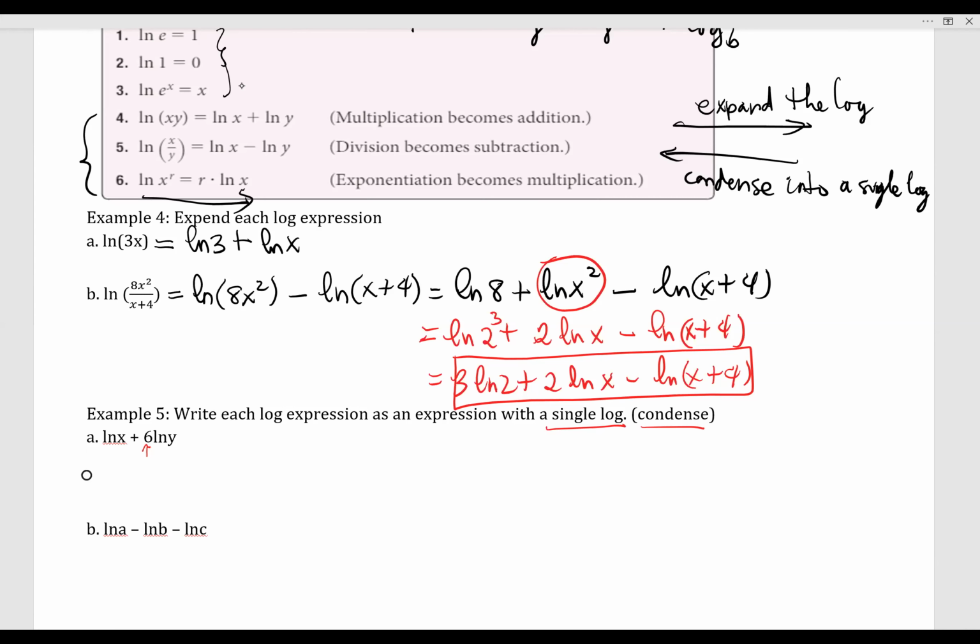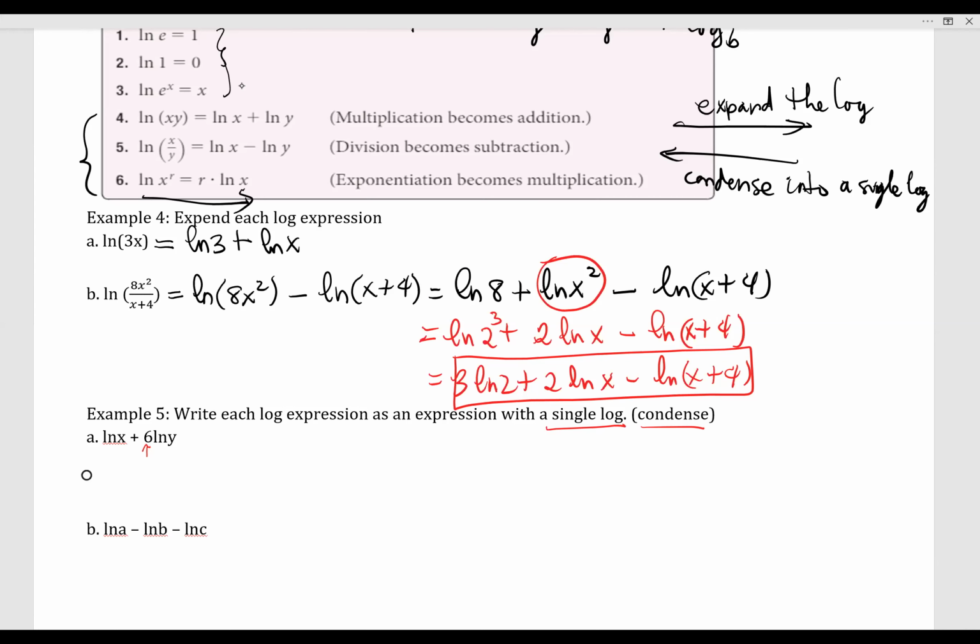To move the number 6, you have to think about property 6, where you can move the leading coefficient to the exponent of the argument.